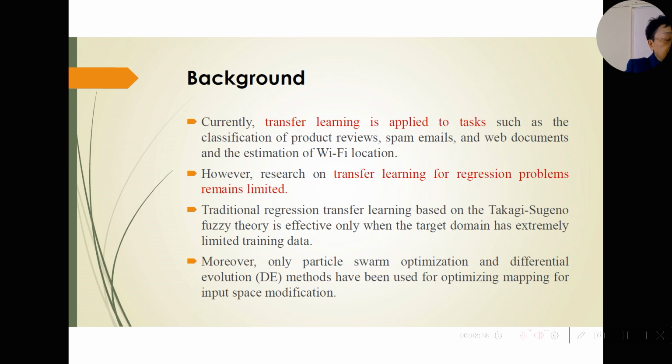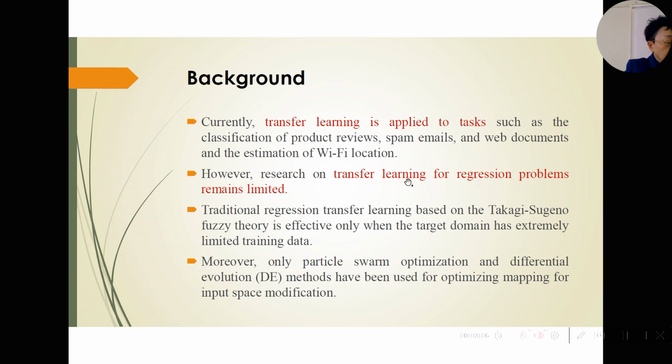However, research on transfer learning for regression problems remained limited. Transfer learning is often combined with deep neural networks. However, domains with insufficient information can introduce uncertainty in predictions.